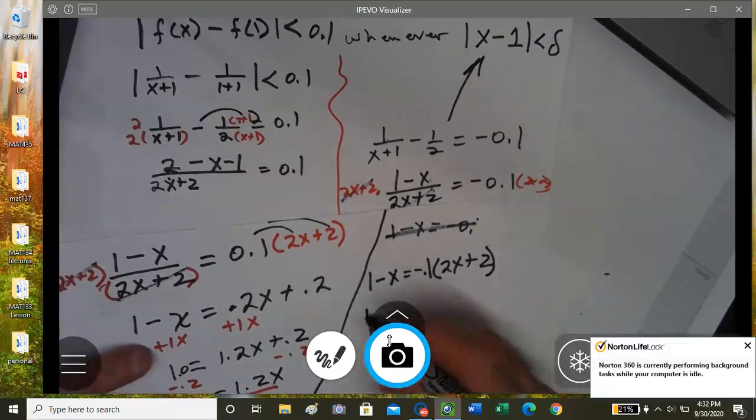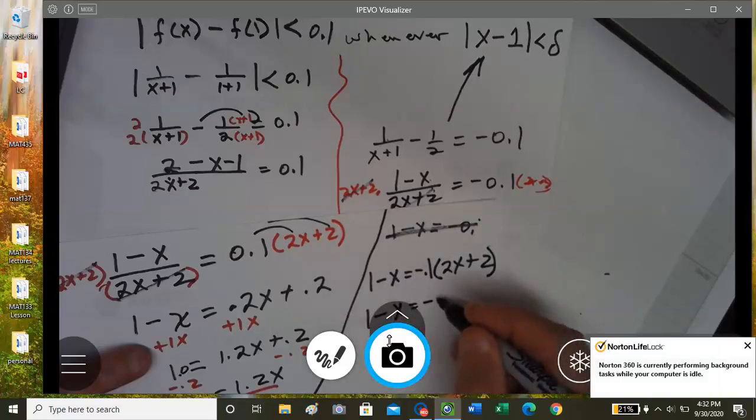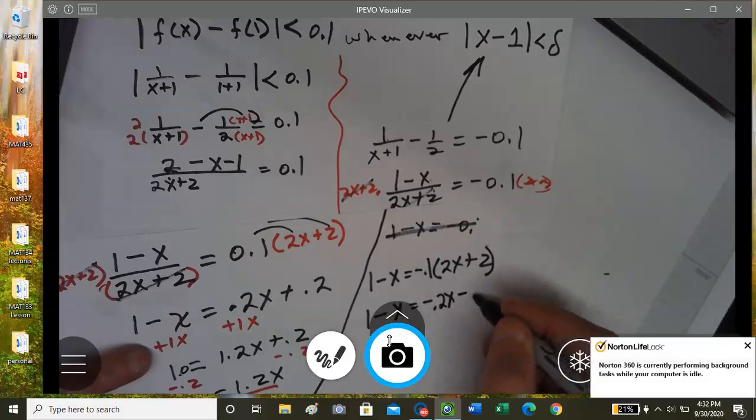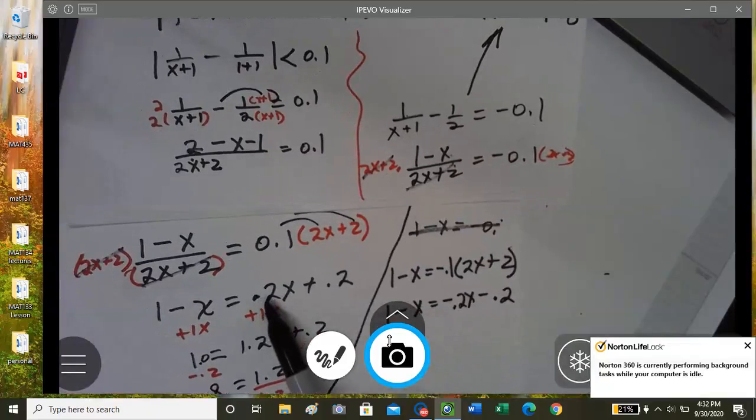Okay, so that's going to be 1 minus x equals a negative 0.2x minus 0.2. So it was almost the same thing as what we did on the left side, except this side one's positive and this is negative because we used negative 0.1 instead of positive 0.1.